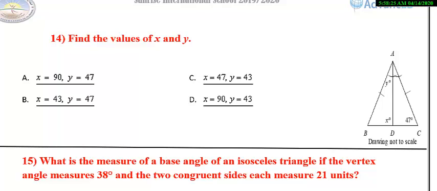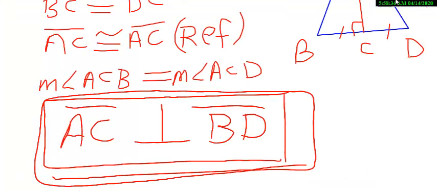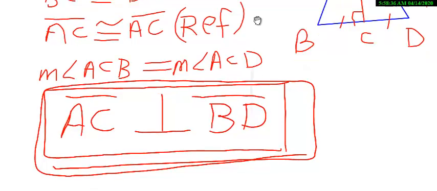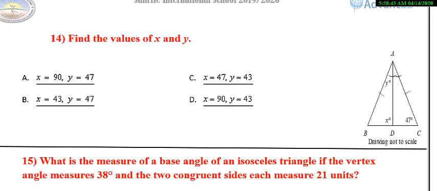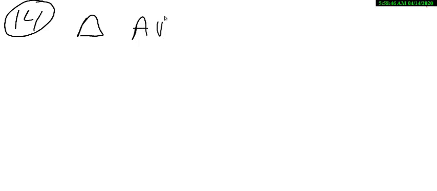The measure of angle B equals 47 because ABC is isosceles. I'm going to get back to question number 14. Triangle ABC is isosceles.